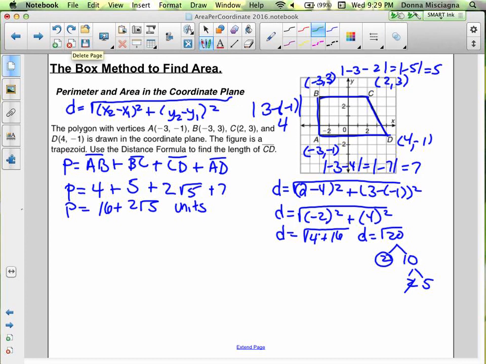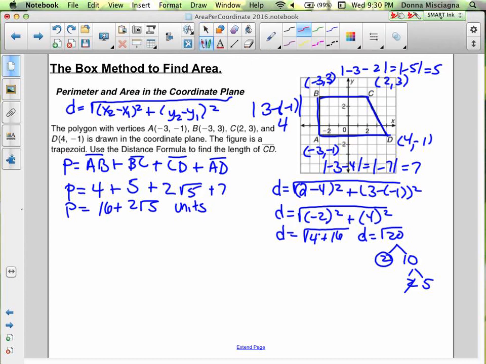All right, so we have found the perimeter. Now, this one asks for area. Oh, we're just finding the perimeter on this one. But we could box it in to find the area, and let's actually do that. We're going to box in our figure.